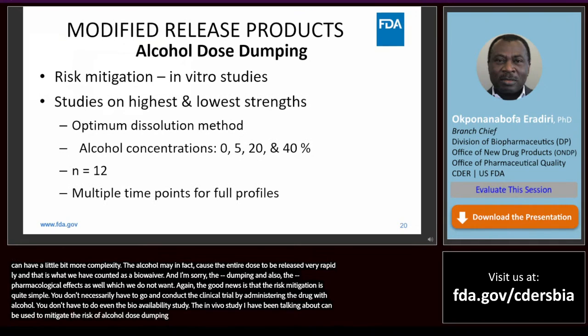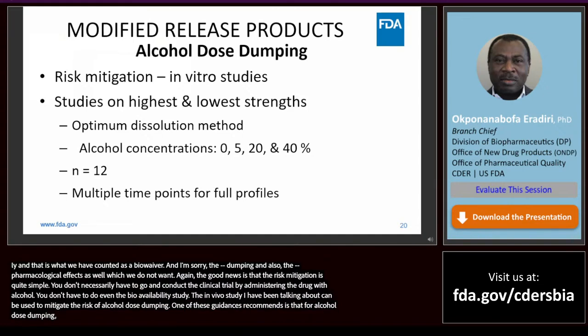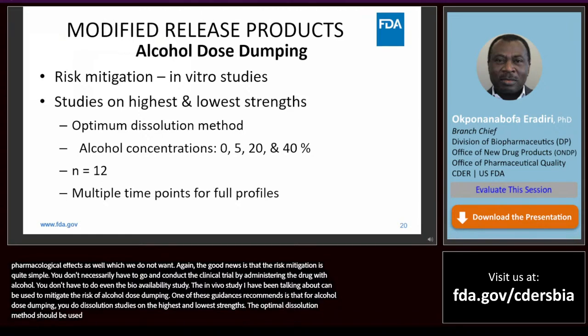What this guidance recommends is that for alcohol dose dumping, you do dissolution studies on the highest and the lowest strengths. The optimum dissolution method should be used for such studies, and the alcohol concentrations that are recommended are 5, 20, and 40%.